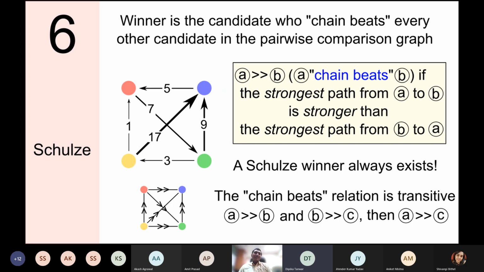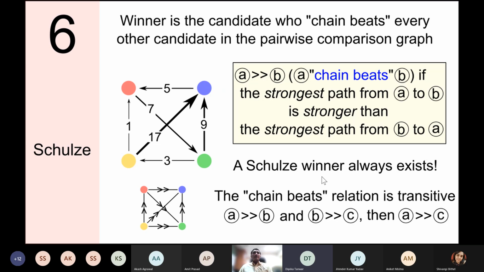The intuitive reason for that is that the chain beats relation is transitive. If A chain beats B and B chain beats C, then you can show that A chain beats C. In fact, I encourage you all to try to prove this on your own. It's a very nice exercise. But all in all, a Schulze winner always exists.